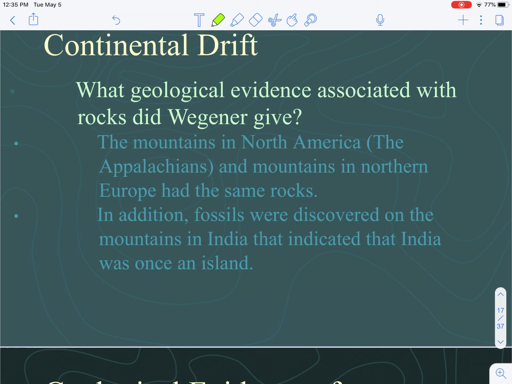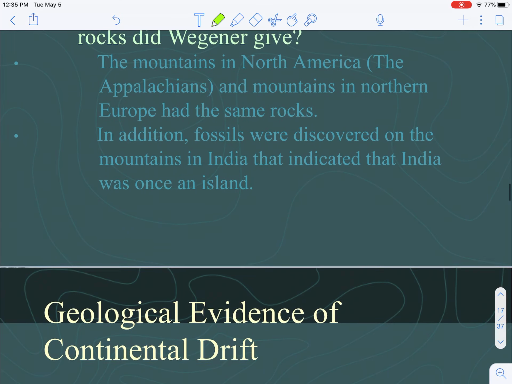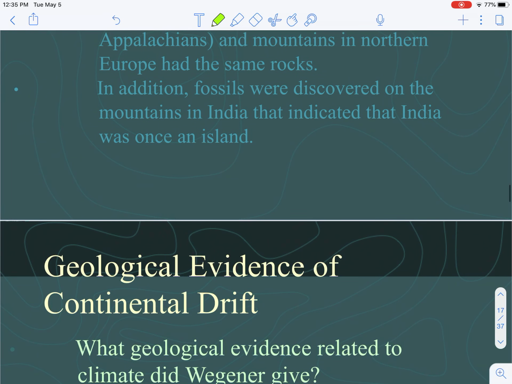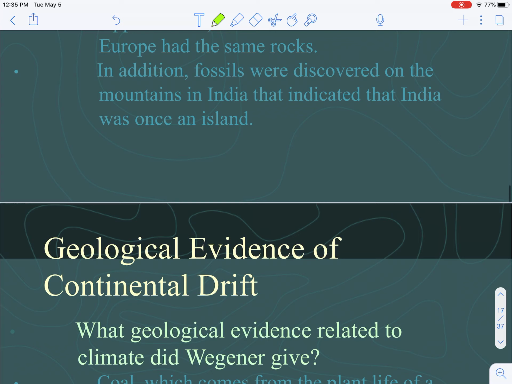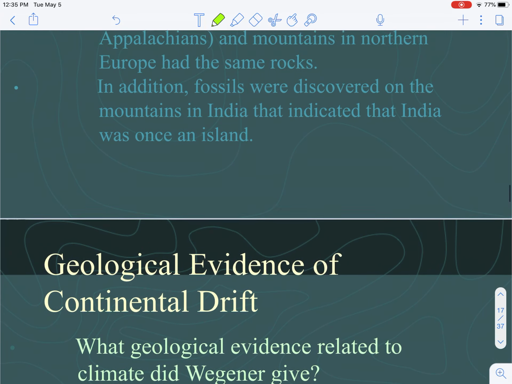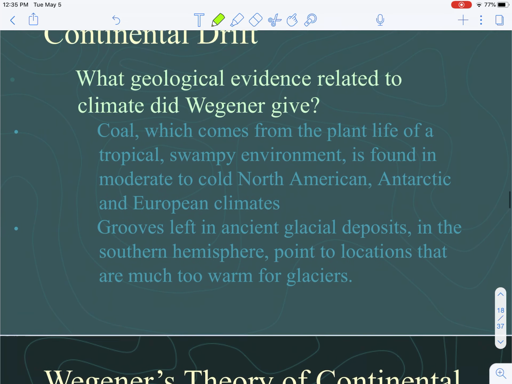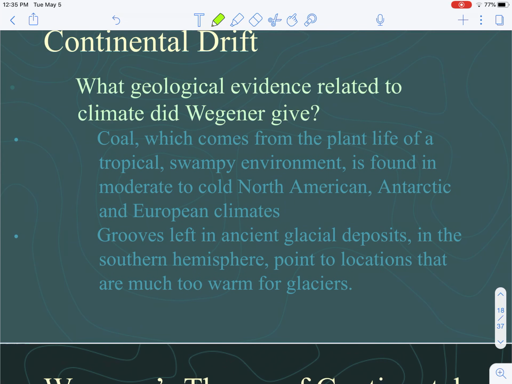Okay, but Wegener explored a lot of different reasons why he believed in Pangaea, and he also said the mountains, looking at geology in North America and Northern Europe, had the same rocks, and also there were more fossils found in mountains of India, saying that India could have once been an island.